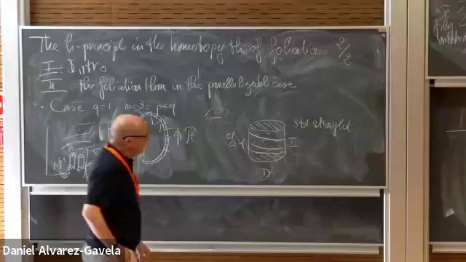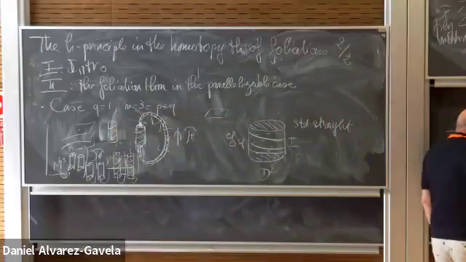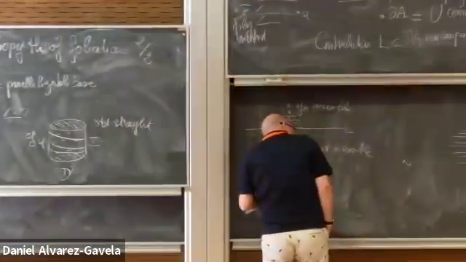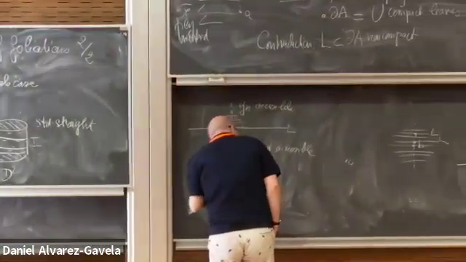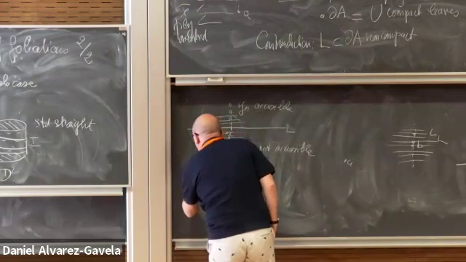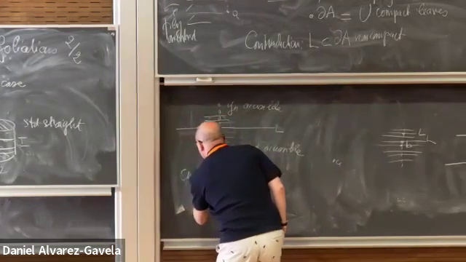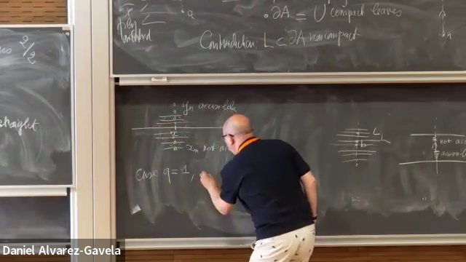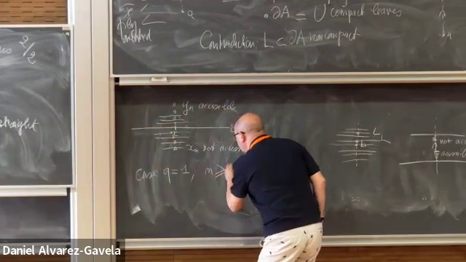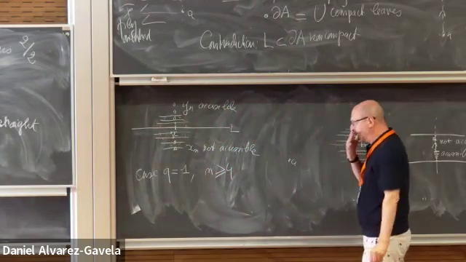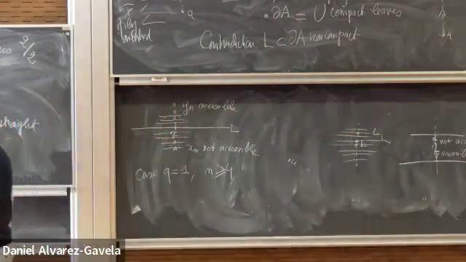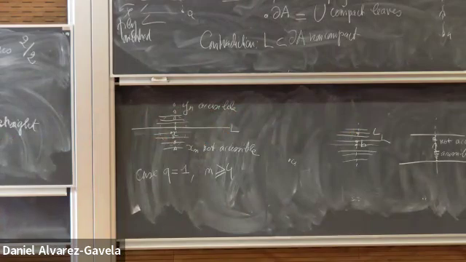Okay. Now, I would like to say a brief word, and it will be necessary for the following anyway, about the case, still the case of codimension 1, but now for ambient manifolds of dimension at least 4.